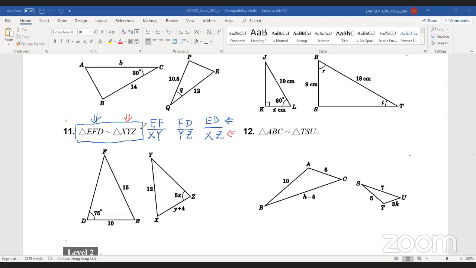And then when we talk about proportion, it means when I do the division like that, they should all be equal. If I take the corresponding sides from the two similar triangles and do the divisions, then I will find that the value should be the same. This is called a ratio.